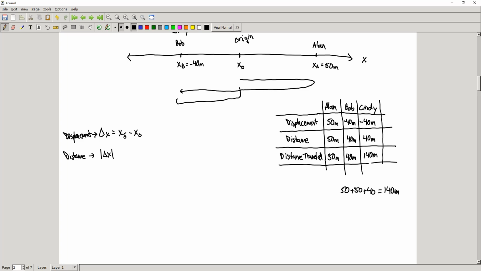When we ask how far from the origin is Alan, we say 50 meters. It doesn't give us any information about direction, but it is the distance from the origin that Alan is, right? How far from the origin, or what's Bob's distance from the origin would be one way to think about it. And Bob's distance from the origin, well, it's just 40 meters, right? Like we had here.